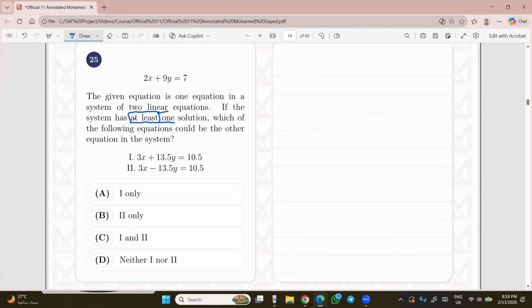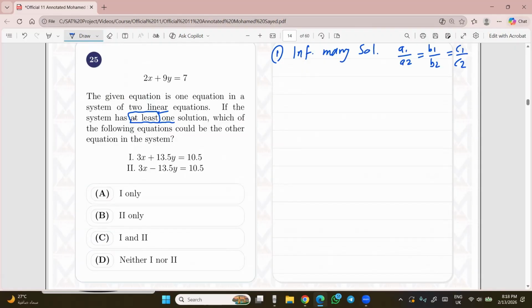Let's recall the three cases. Case one: infinitely many solutions, when A1 over A2 is equal to B1 over B2 is equal to C1 over C2.